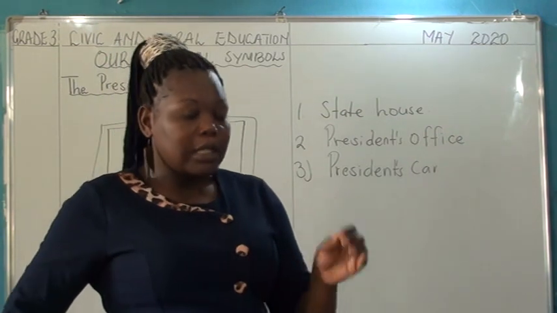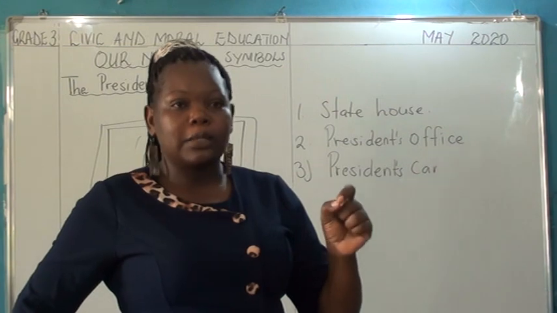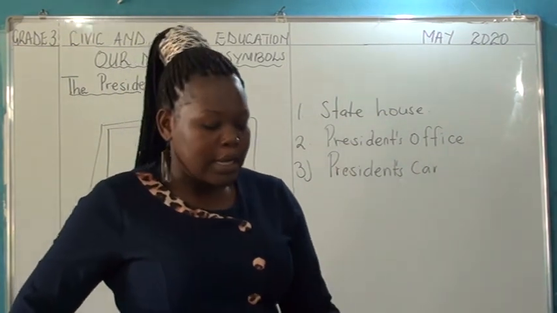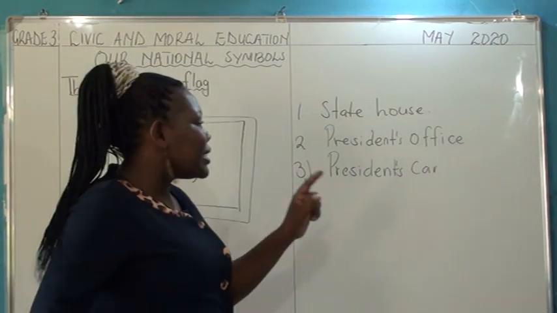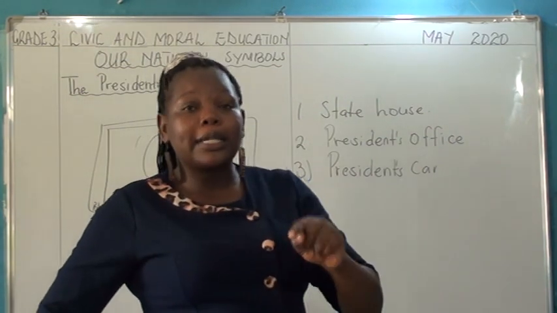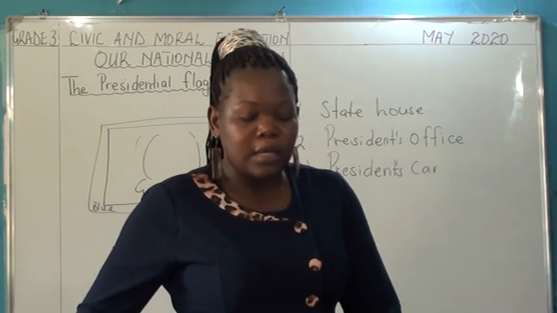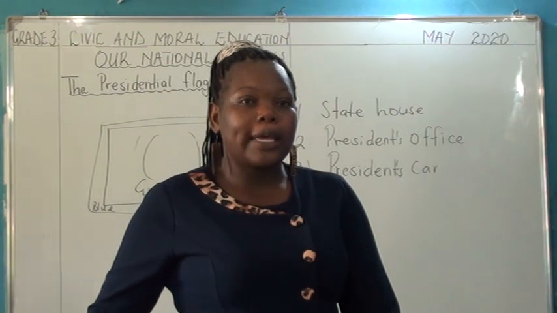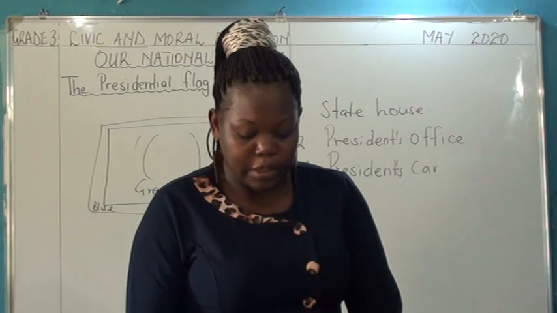So if you see the flag of the president, you have to respect that because it is found there to show respect. And lastly, it is a symbol that the president is at that place at that time. He is present at that moment where the flag is. So those are the three very important reasons why we need the presidential flag in our country.